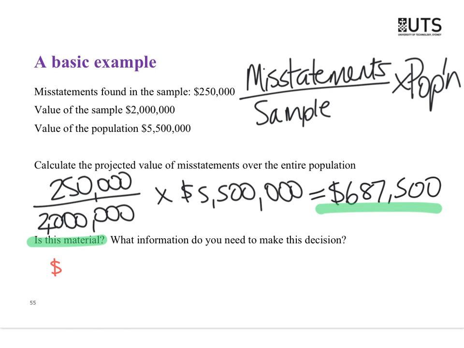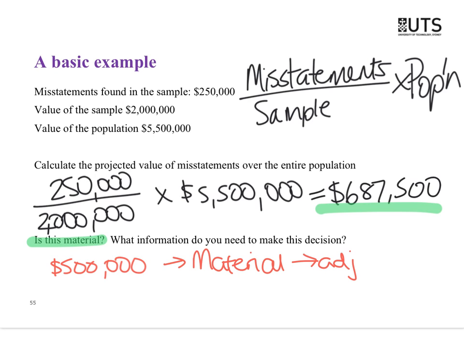If I'd said materiality was 500,000, then our error is greater: the 687,000 is greater than our 500,000. So in that instance, we would say, okay, definitely material. And then later on, we would ask management about making an adjustment.